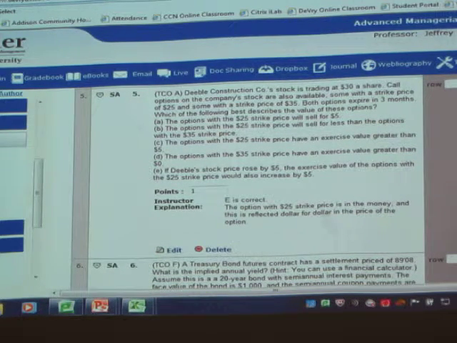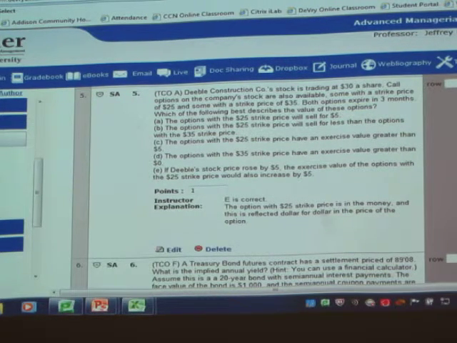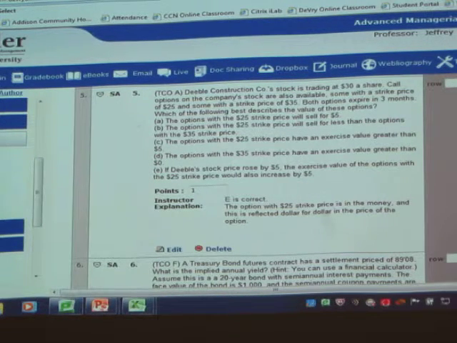If a stock is trading at 30, call options are available. With a call option, we want the stock to go higher, right? With a strike price of 25, that call is going to be worth what? Stock is at 30, call strikes at 25, that call's going to be worth $5, right?